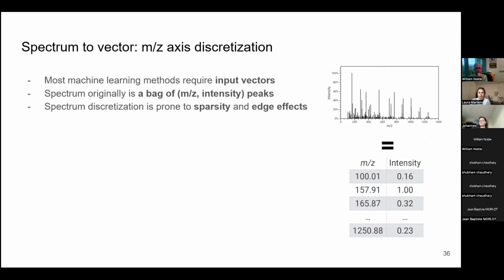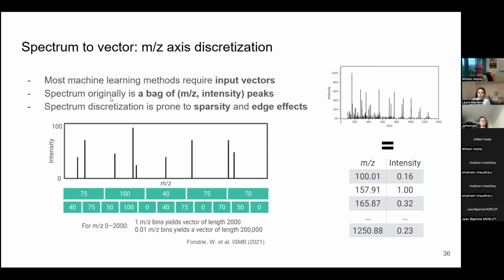But when you do that, you introduce not only sparsity if you use very fine bins, but also edge effects. For example, if you have these MZ values and these intensities, you could bin at these large MZ windows and report, say, the maximum intensity, or you could use the sum of intensities within that window. You get 75 here and 100 here and 40 here, or you can use finer bins.